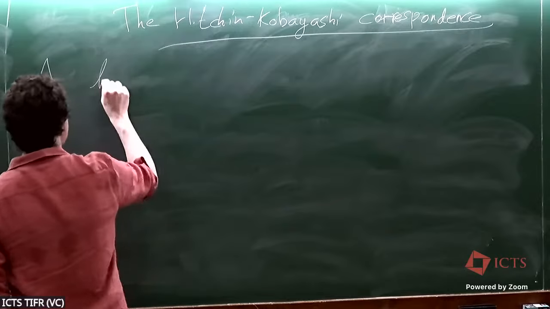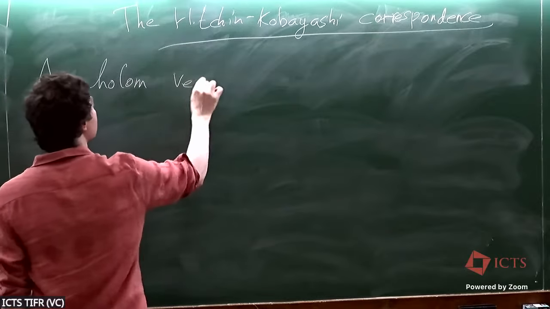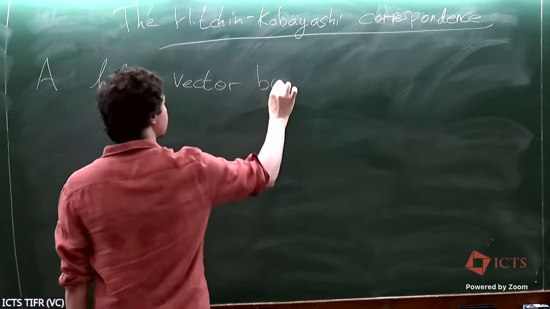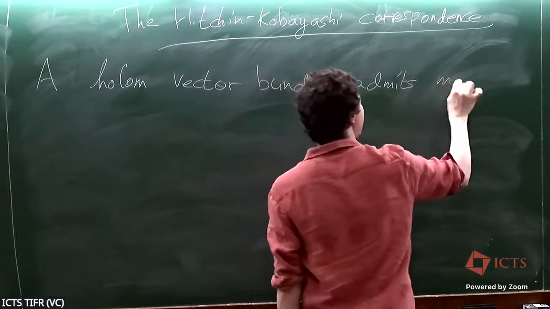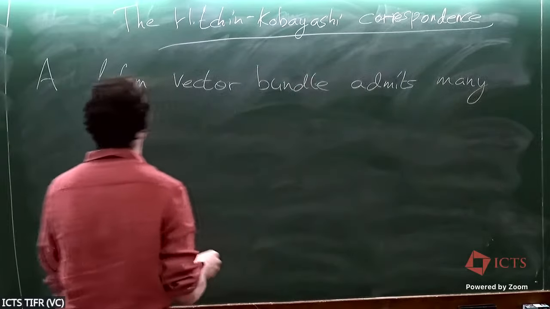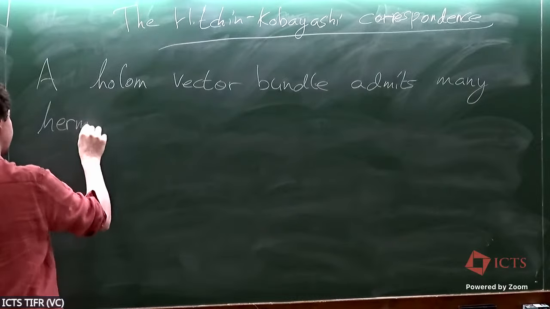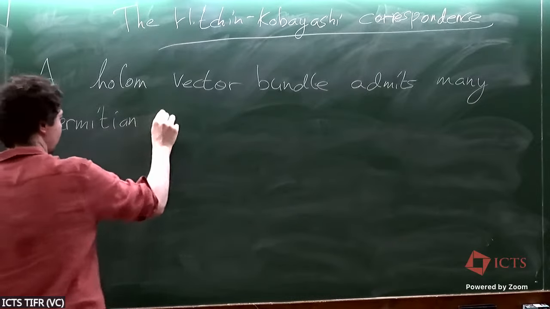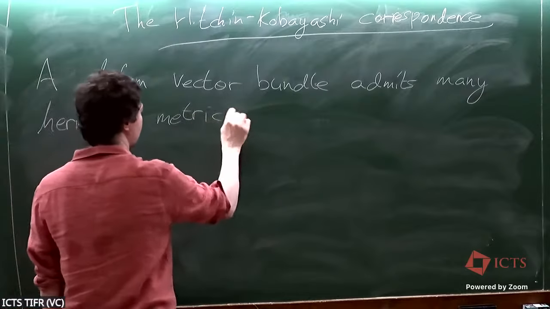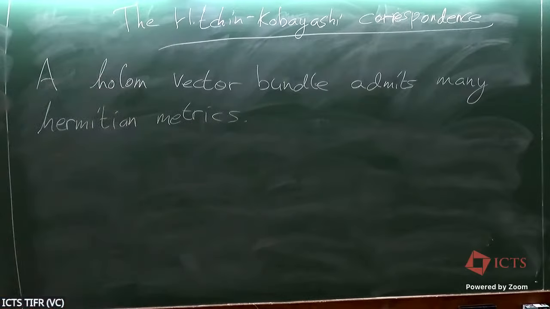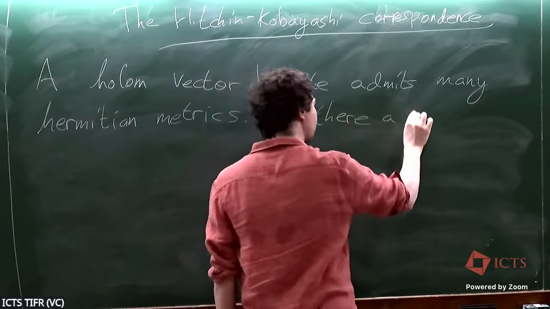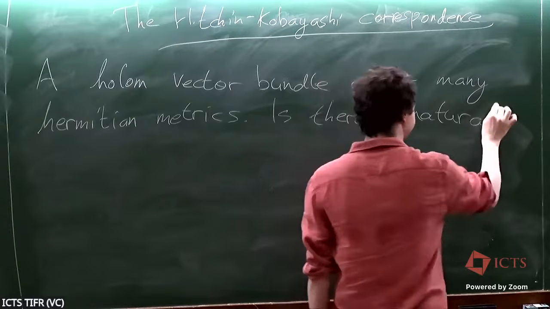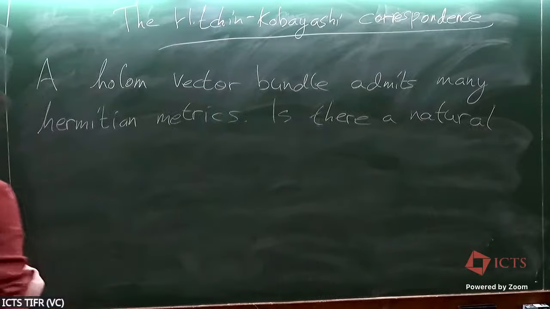So a holomorphic vector bundle admits many Hermitian metrics. One can ask the natural question: is there a natural or canonical choice of such a thing? This is very similar to questions that we ask in many different parts of maths.